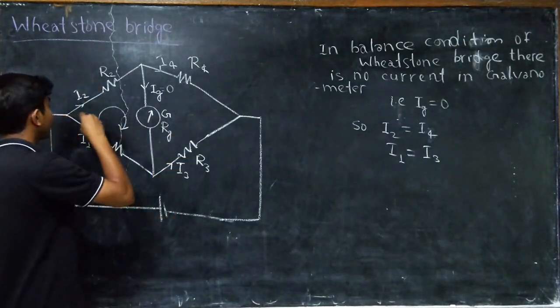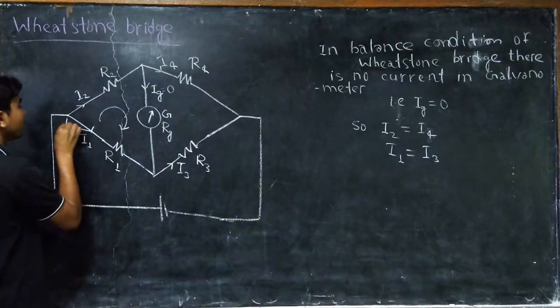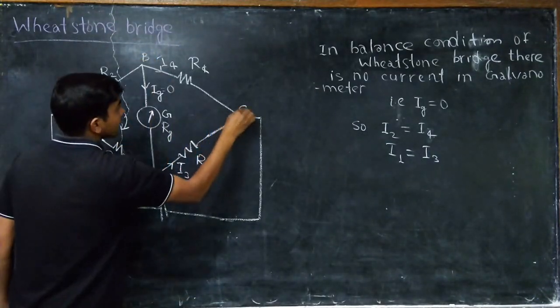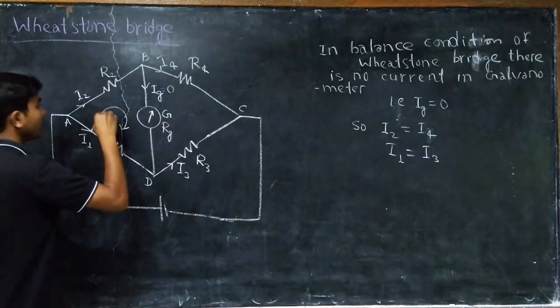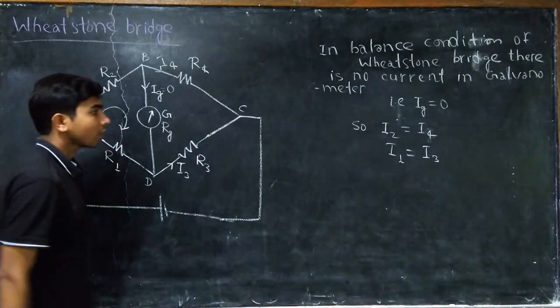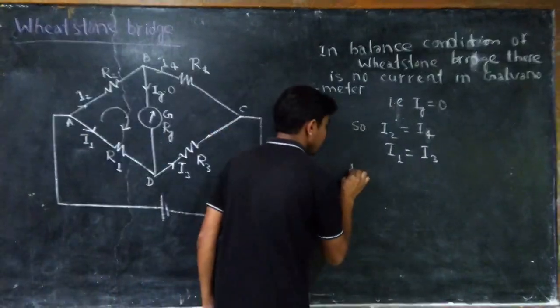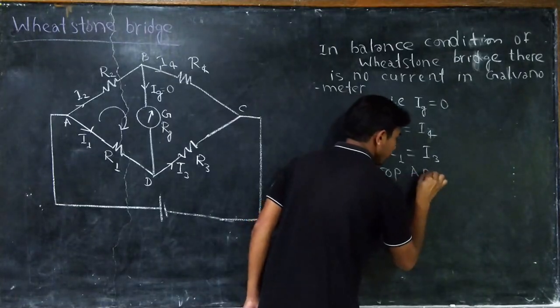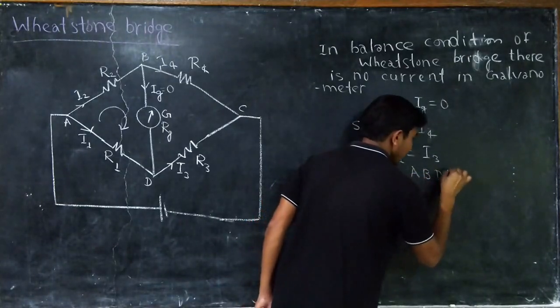Suppose this is your corner A, this is B, C and D. If I apply the loop rule in this one, we can write in loop A, B, D.